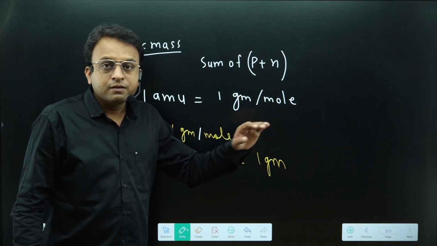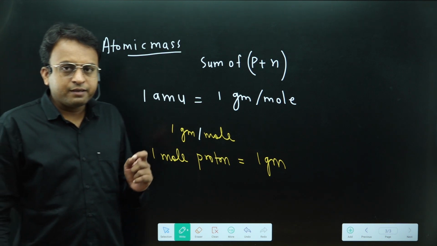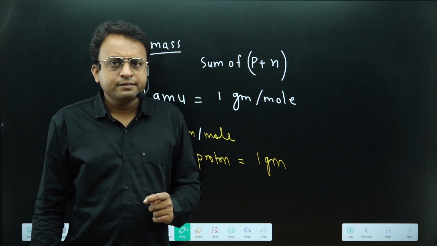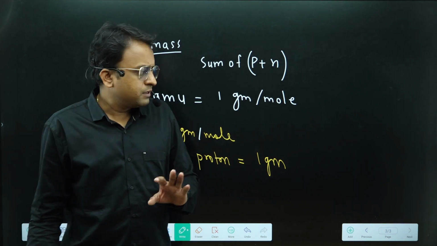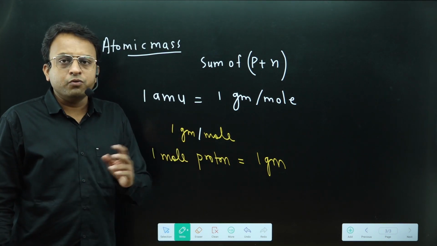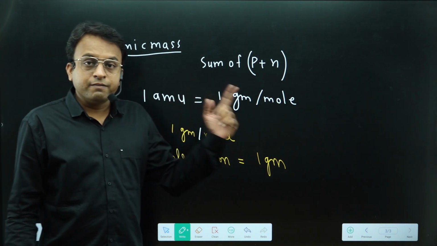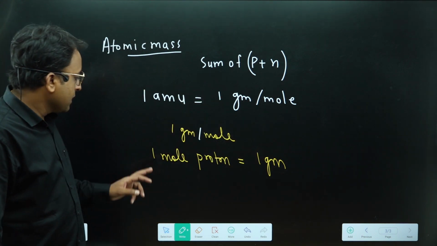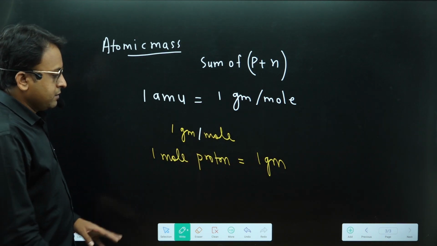Gram per mole means for 1 mole. For example, if somebody says energy is kilojoules per mole, it is for 1 mole of molecules or 1 mole of atoms. Per mole means for 1 mole. So 1 mole of protons has a mass of 1 gram.